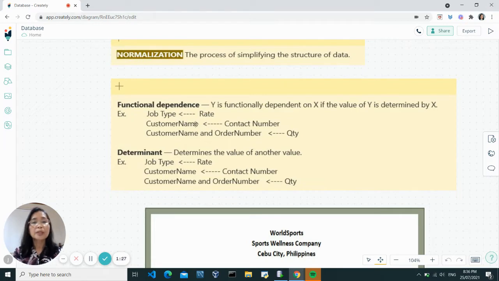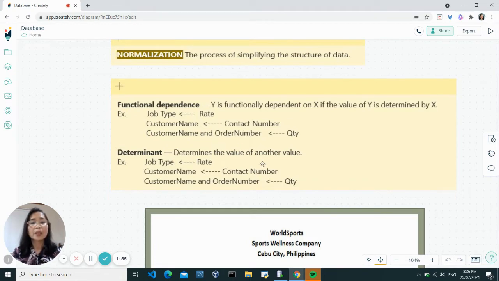So in other words, customer name is the determinant, which determines the value of another value. For me to know quantity, or how many items were bought, I need to know who bought the item, that's the customer name, and what was the item that was bought.